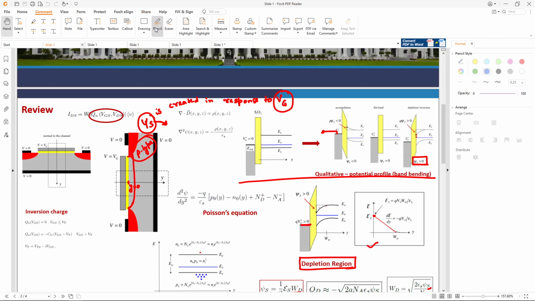Let us start the discussion. The notion of MOS electrostatics must have been started in week 10 itself. The idea is we study the electrostatic effects in MOS devices to understand how charge accumulation takes place in the channel.